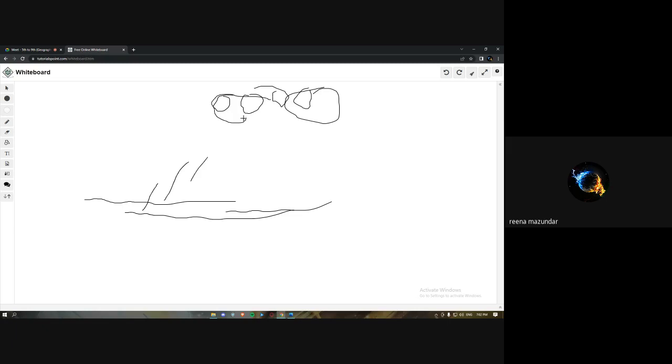I think I'm drawing a rough figure, but this is how the shapes of the cloud come. And then when it cools down, it gets cooled there in the sky. And the same clouds, they bring rainfall.